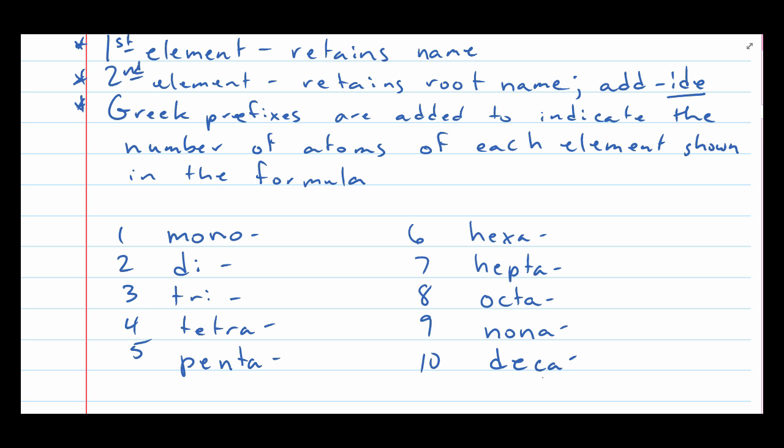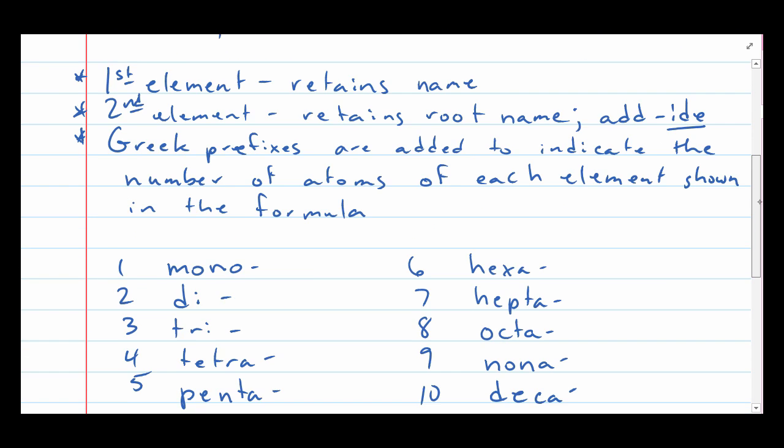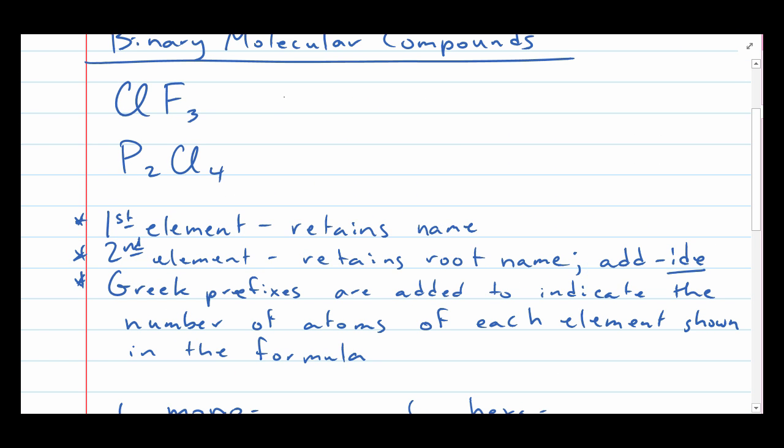And if you go to Washington, D.C., the 5-sided building is called a pentagon. Okay? And of course, if you've been around 10 years, you've been around for a decade. So you know these.